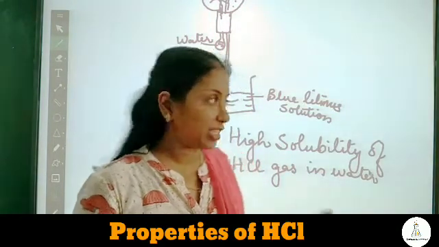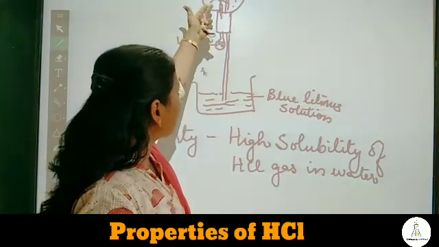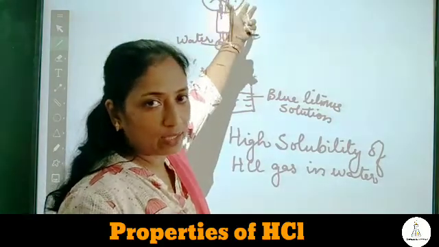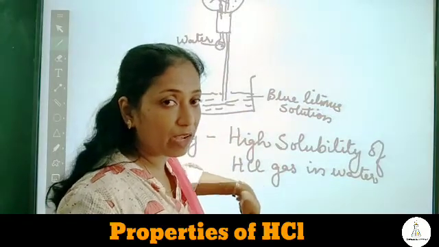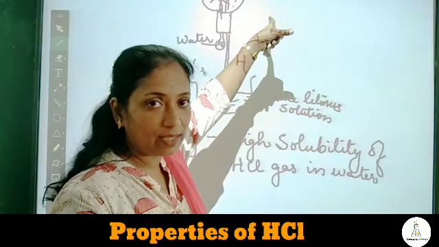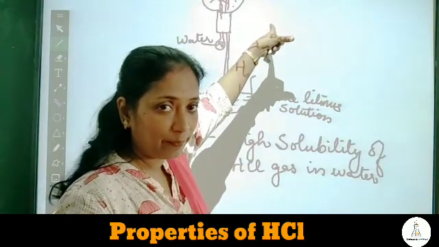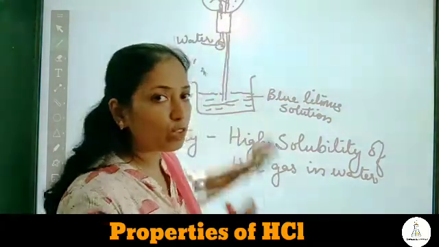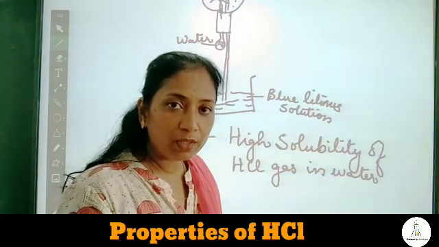Because when we press this dropper, a few drops of water came out and HCl gas dissolved in that water. That is why the blue litmus from the trough was pulled into the round bottom flask, and that is the reason we could see the red fountain. If the HCl gas had not dissolved in those few drops of water, would a red fountain be formed?